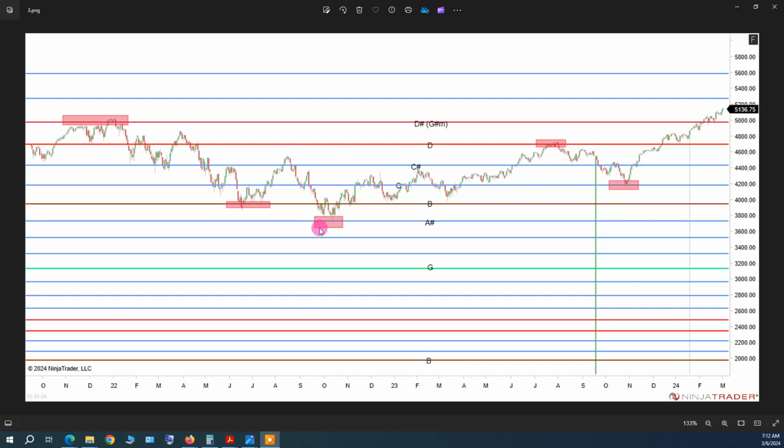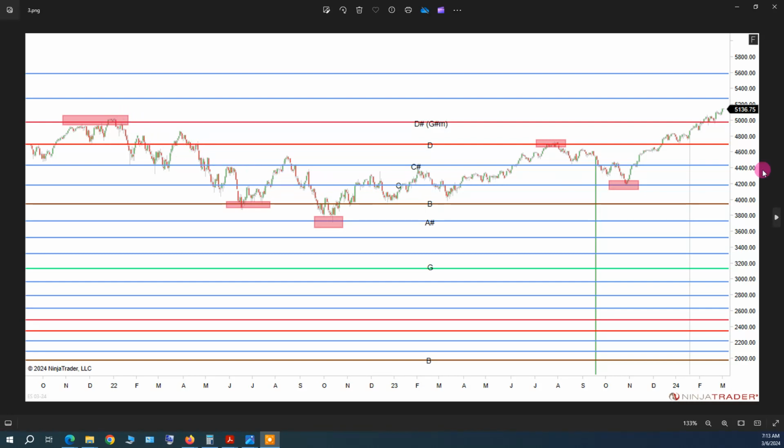The more major level was the A sharp level for a low. The B level's a pretty good low, but it still could be considered an intermediate low as part of this big move down in the '21 to '22 bear market. And then this major high was in the D sharp area. So those are kind of the key points on this chart at those particular intervals.